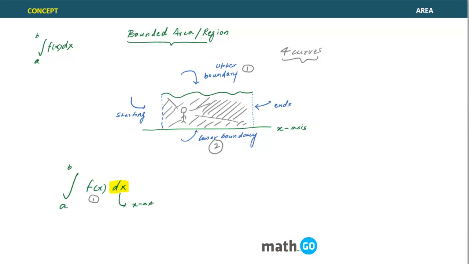This is the x-axis, so this is the second boundary. Now let me talk about the third boundary, which is the starting of the playground. This is nothing but a vertical line. A vertical line is always written like x = a, and this again is a vertical line which can be written as x = b. Can you see that these limits are nothing but x = a and x = b? So this is your third boundary, and this is your fourth boundary.